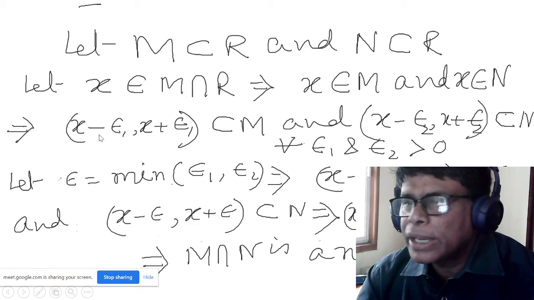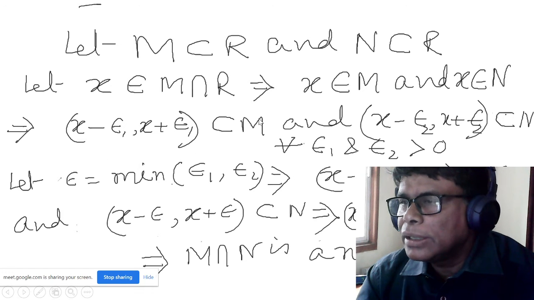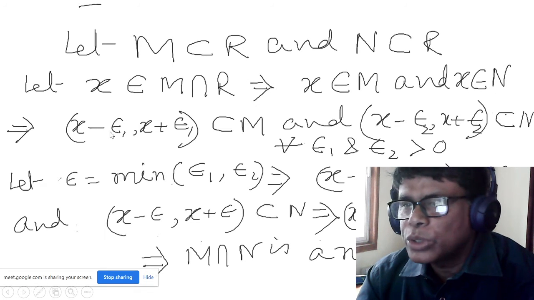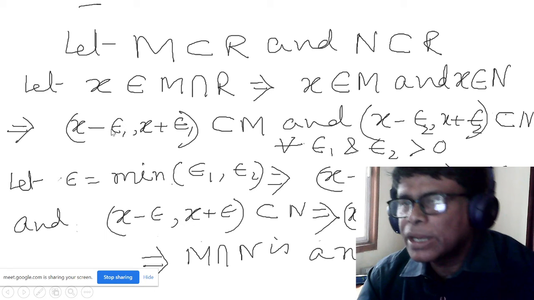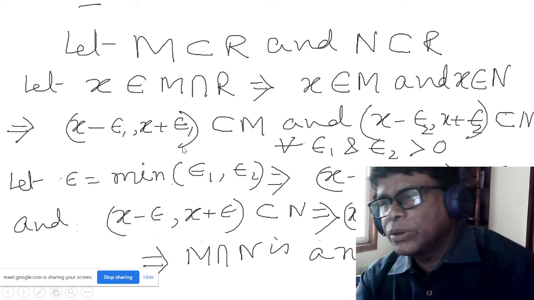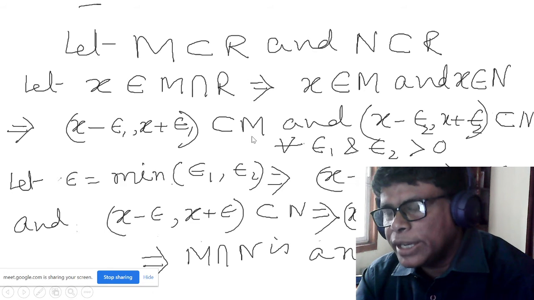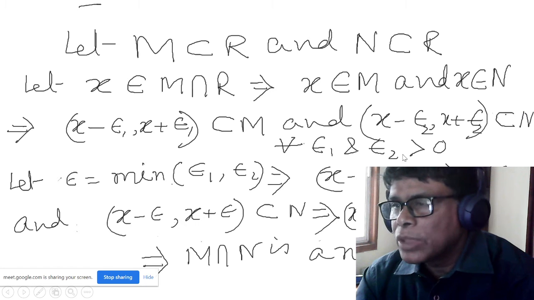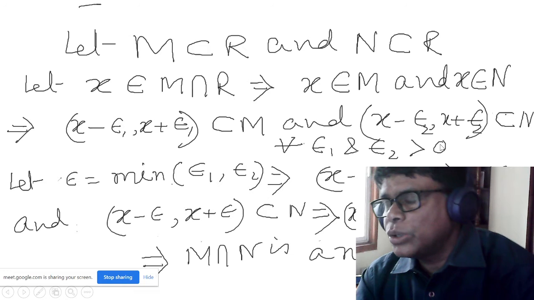Now we make another interval for M and another interval for N also. So here it is epsilon 1. This interval is x minus epsilon 1 to x plus epsilon 1, and that is contained fully in M. Contained fully, remember this term. And x minus epsilon 2 to x plus epsilon 2 is contained fully in N. Here epsilon 1 and epsilon 2 are greater than 0.